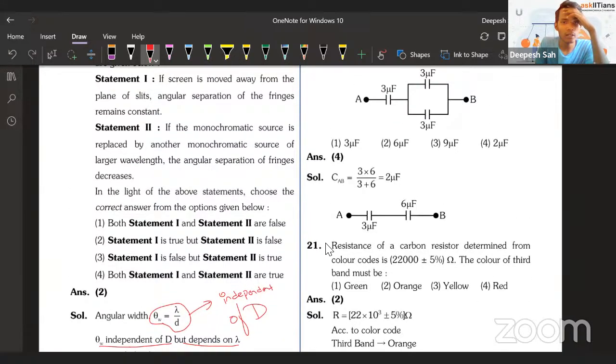The question is saying separation will decrease. No. As you can clearly see, theta is directly proportional to lambda. So if you use a bigger wavelength, you will have a bigger angular separation. So it should not decrease, it should actually increase. That's why this is false.